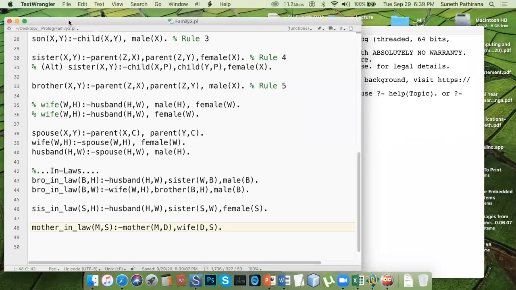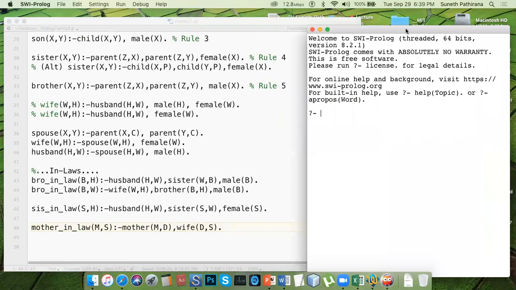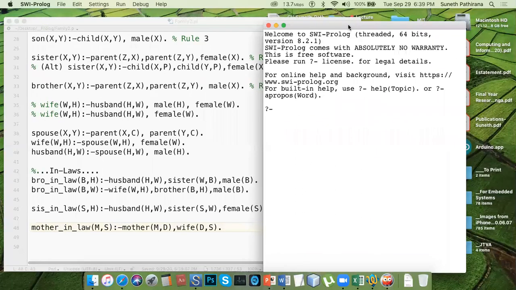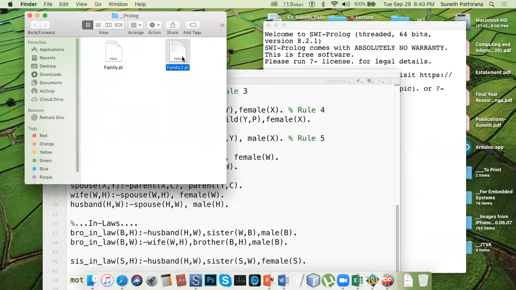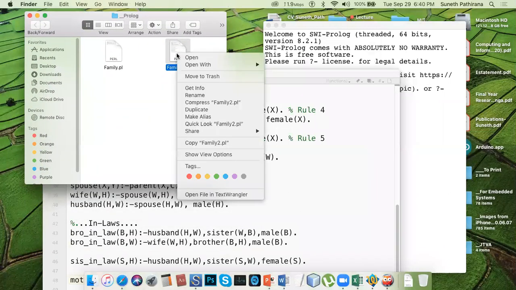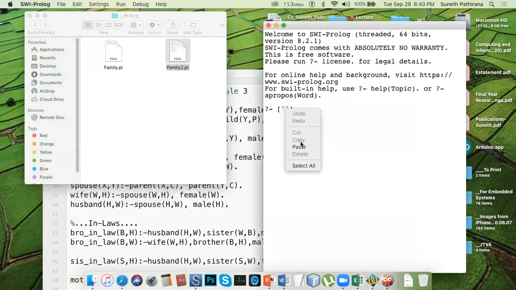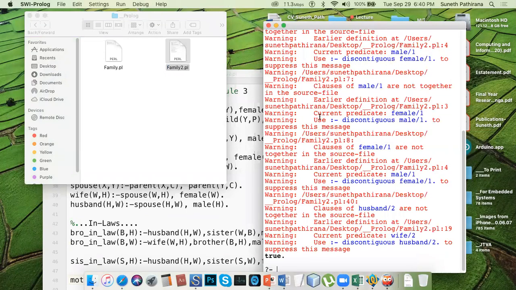So as I remember, something like this. Then I have to copy the file path. Copy path name. Paste. Yes, true. That is compiled.